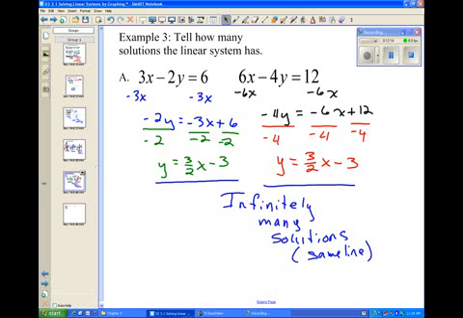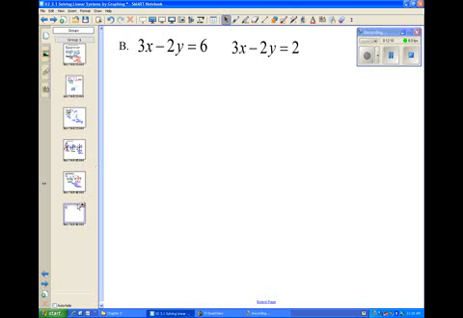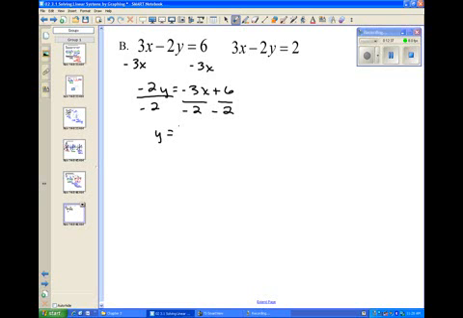Let's look at one other example. 3x minus 2y equals 6. 3x minus 2y equals 2. Again, I want to start this the same way. Solve for y. Subtract 3x from both sides. Negative 2y equals negative 3x plus 6. Divide by a negative 2. y is equal to 3 halves x minus 3.